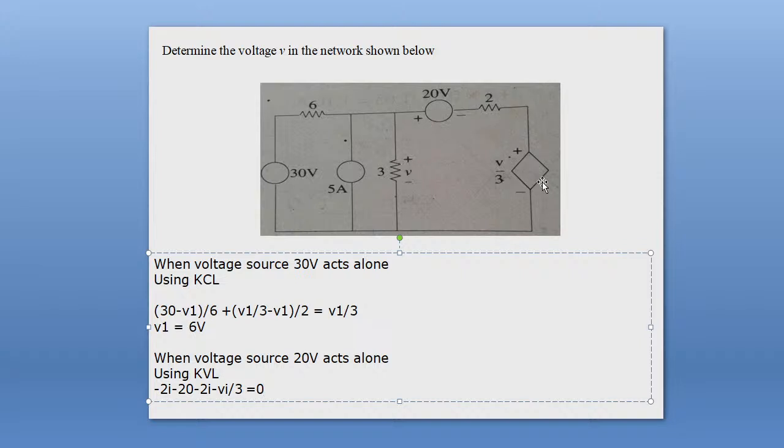For this loop you have 20 volt, 2I, V by 3, and the parallel combination of 2, 3 and 6 ohm resistance.